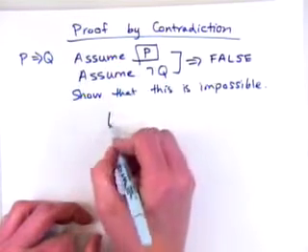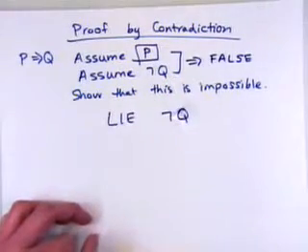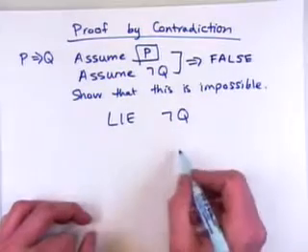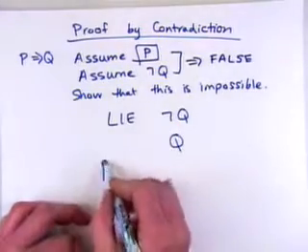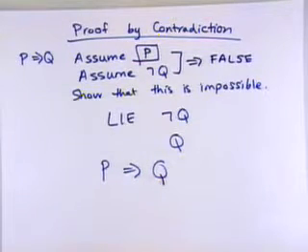So the lie must have been not Q. So if that's a lie, then what's true? Q must have been true. So that's another way to show that P logically implies Q: if we start with P and not Q, show that that gives a false, then the lie must have happened with not Q, so P implies Q must be true.